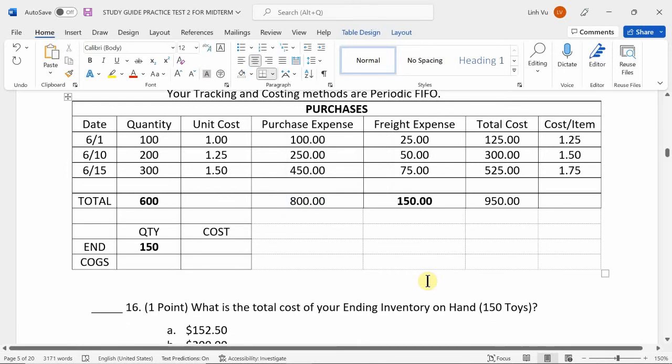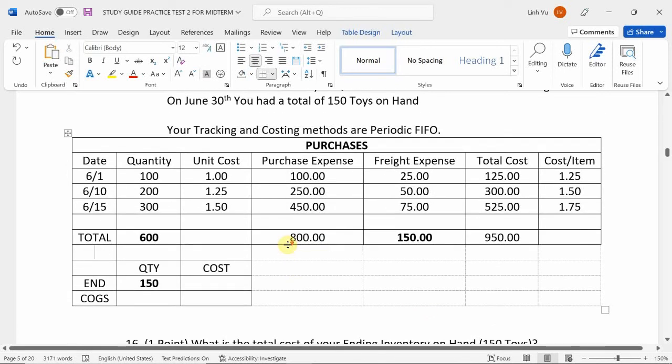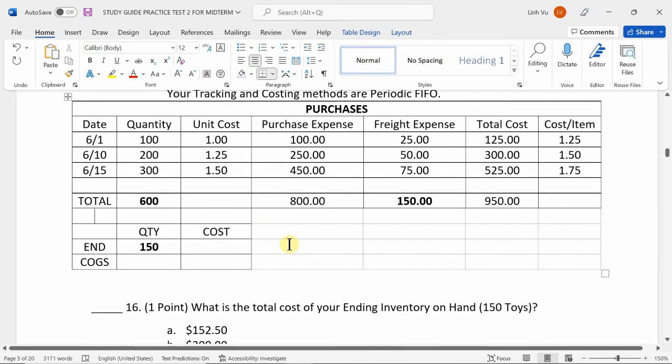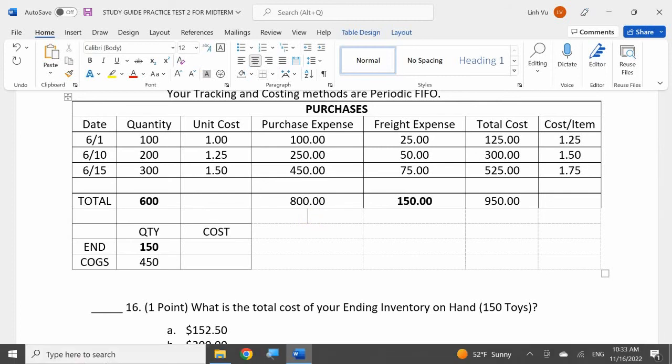Okay. So therefore, we need to calculate here using FIFO this time. Since we only have 150 left, that means we assume that we sold 450 units, right? 600 minus 150 will give you 450. And in this case, which batches of inventory are we going to sell first?